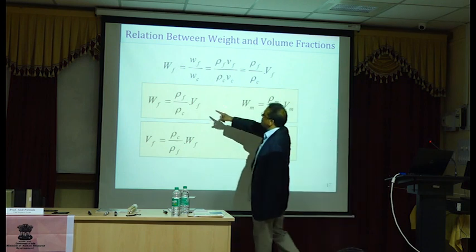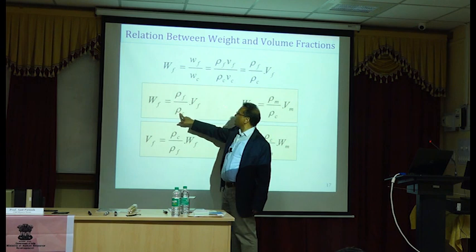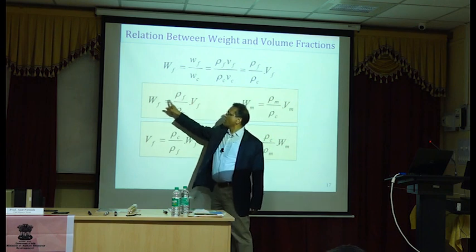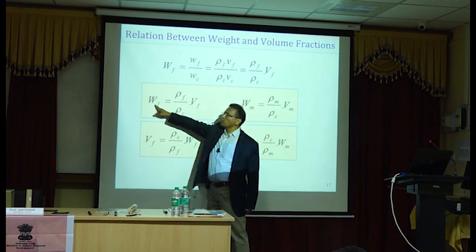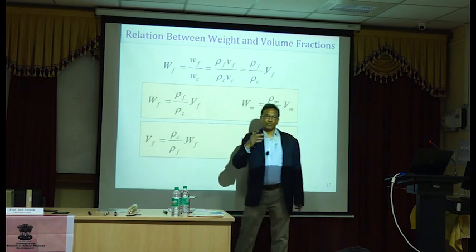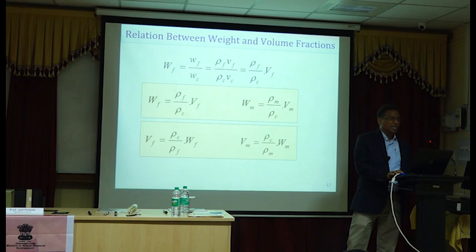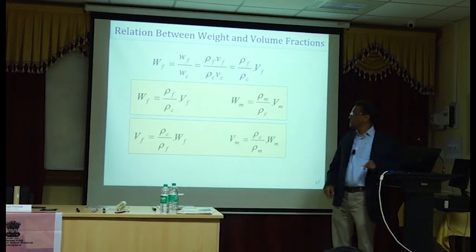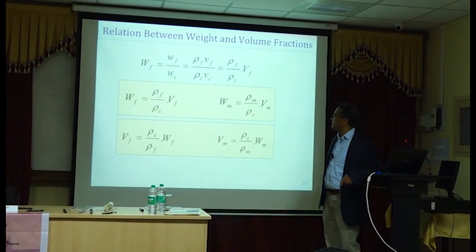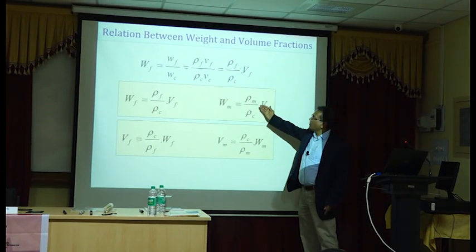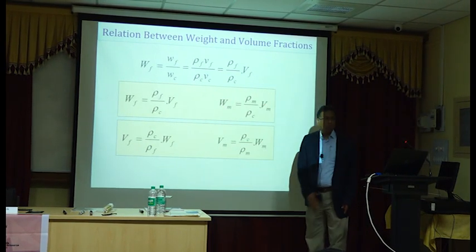You can see that, right? Depending on rho f and rho c, it will make a difference whether it's weight fraction or volume fraction. I'm assuming it's volume fraction, 60% volume fraction. Based on weight, it may be something else. Okay. And if you know the weight fractions, you can convert those to volume fraction.